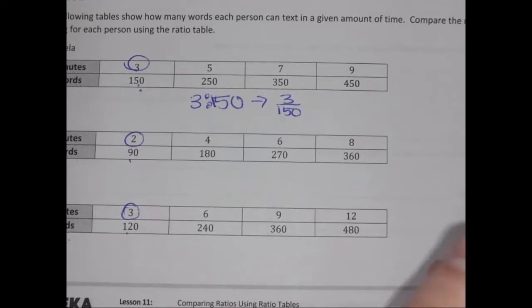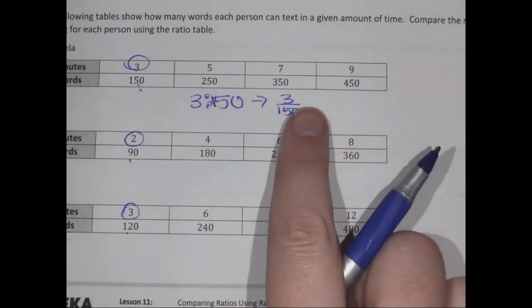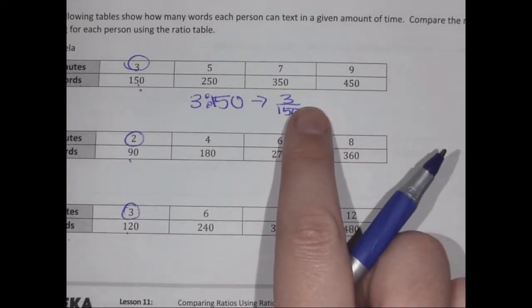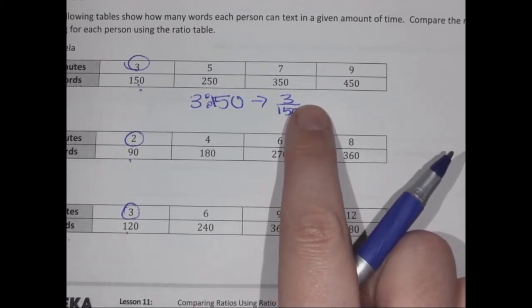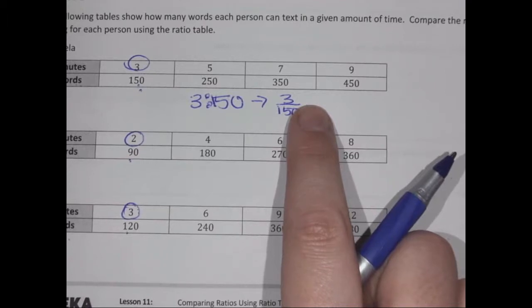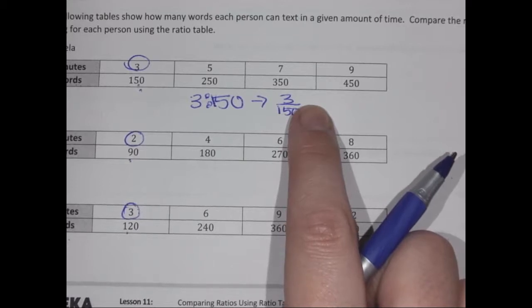Could I do anything to it if this 0 wasn't here? If the fraction was 3 over 15? Rocco, what could I do?